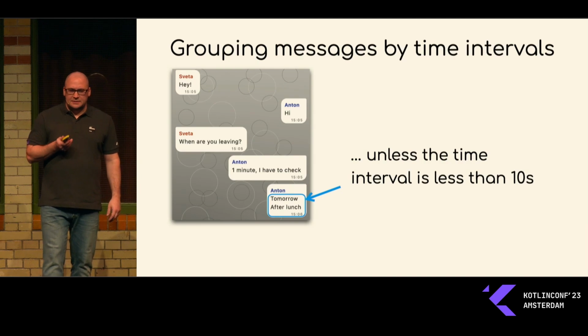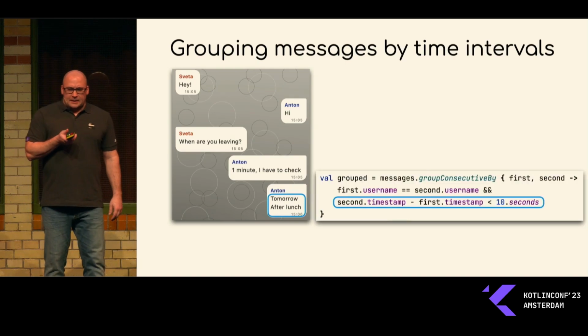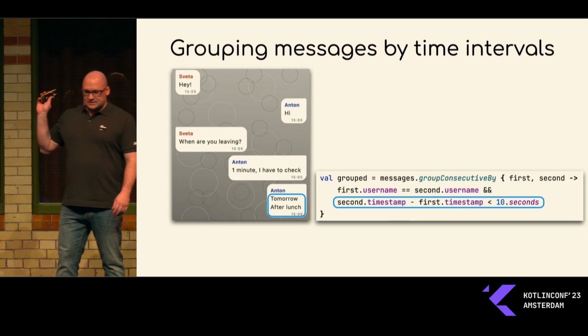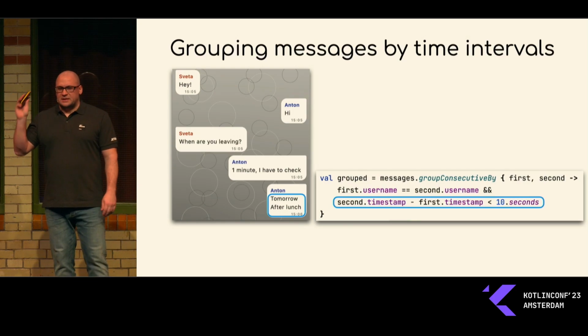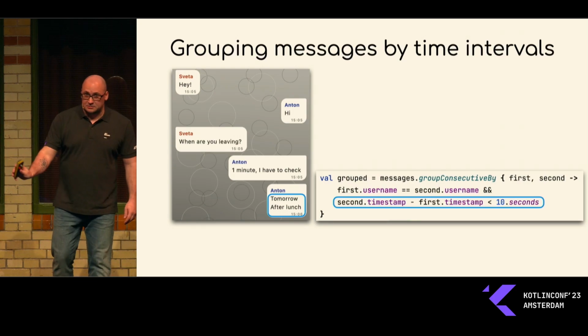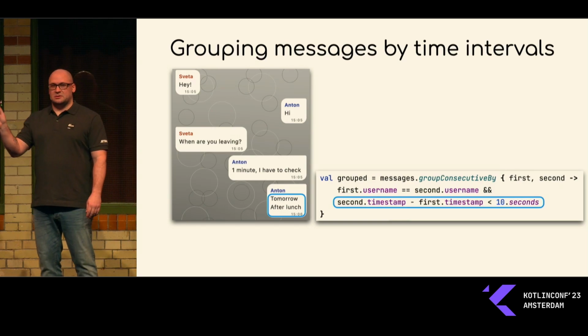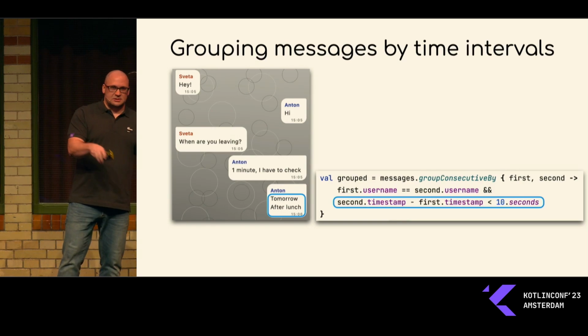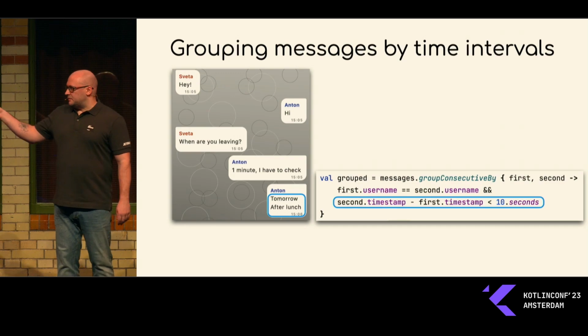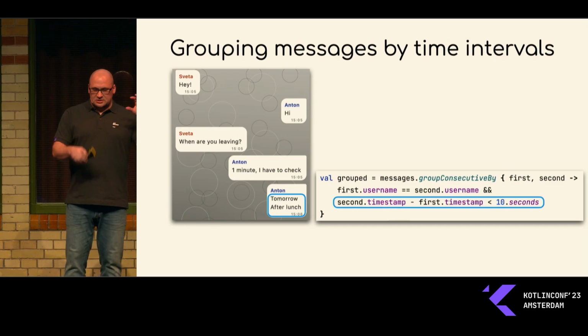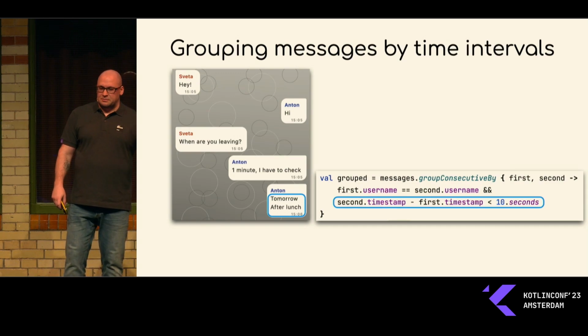So how could you do that? In this example, group consecutive by is not a standard library function. That is a custom function. If you download the sources for this demo, we'll have links in the slides, you will see that it's just a small implementation that implements this grouping.